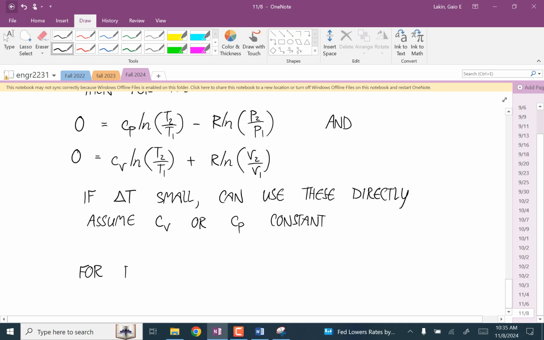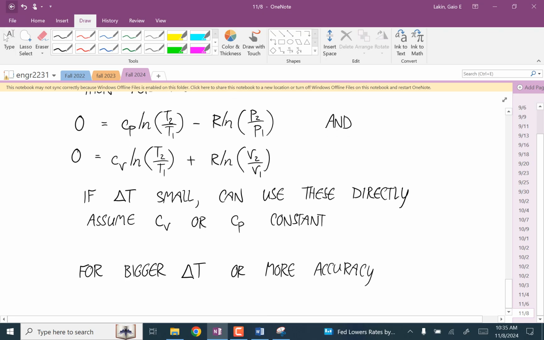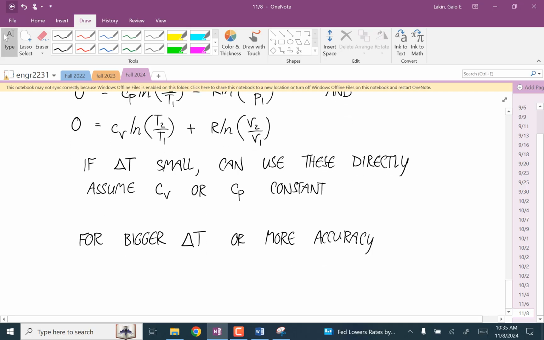So for bigger changes in temperature, or for more accuracy, you can put this equation into a form. So let's see, which one are we using?